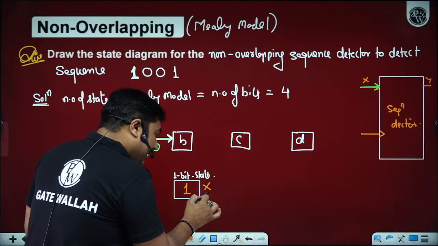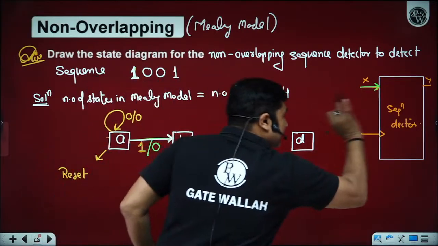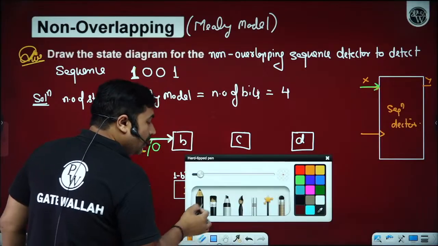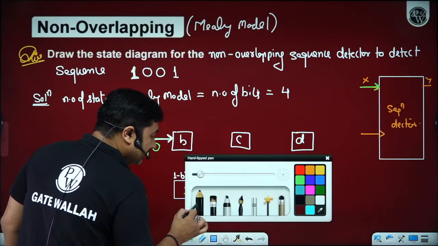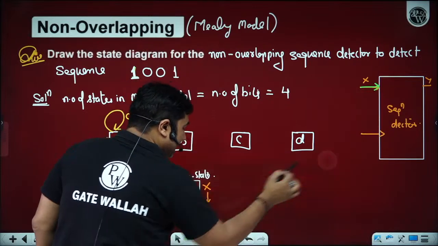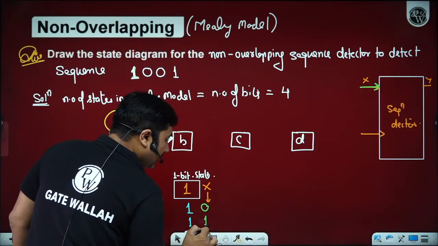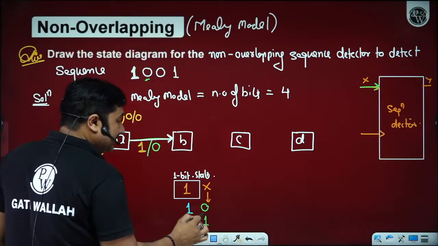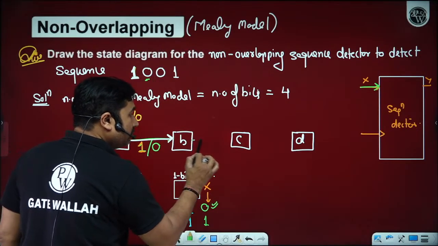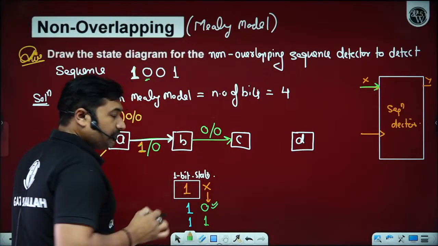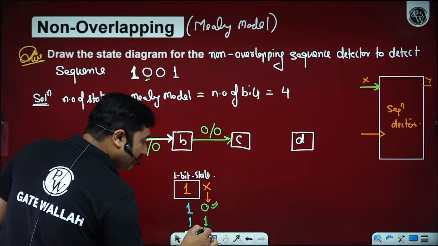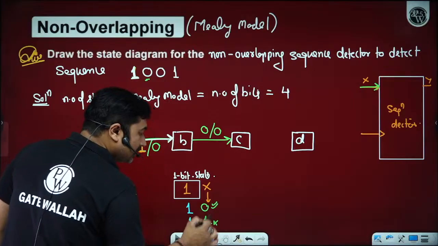Next input bit, next time the input X can be 0 or 1. Yes, sir. 1 is already detected. Next input bit can be 0 or 1. If you are getting 0, then it is the required set of sequence. So you will move to the next state and output will remain 0. However, if you are getting 1, then this is not the required set of sequence.